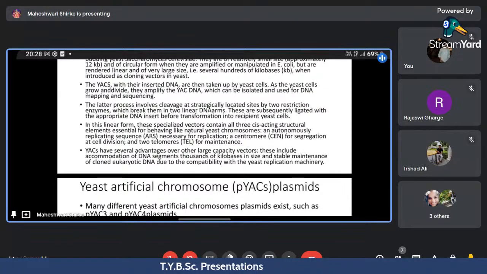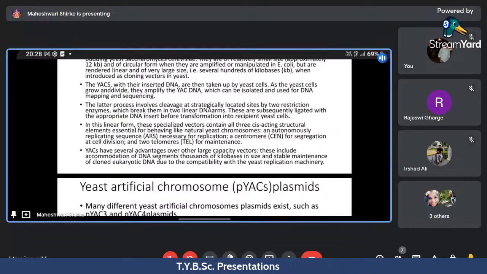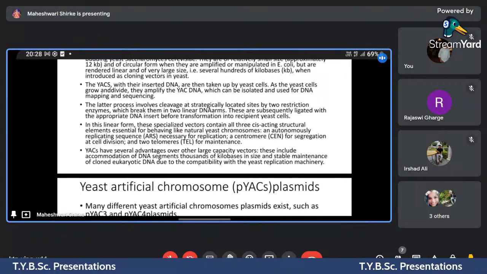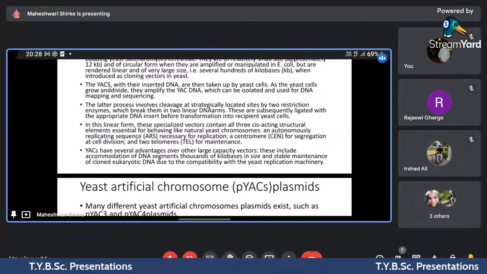The yeast artificial chromosomes with their inserted DNA are then taken up by yeast cells. As the yeast cells grow and divide, they amplify the YAC DNA, which can be isolated and used for DNA mapping and sequencing.